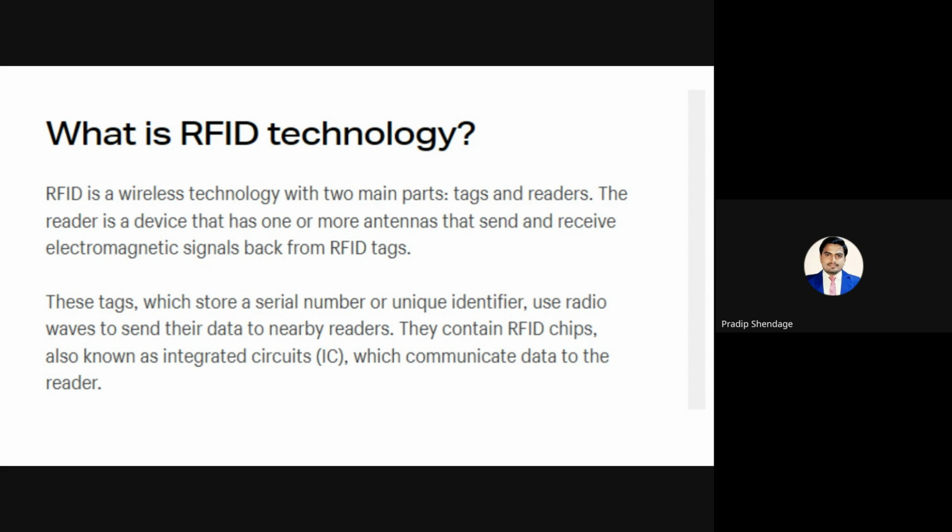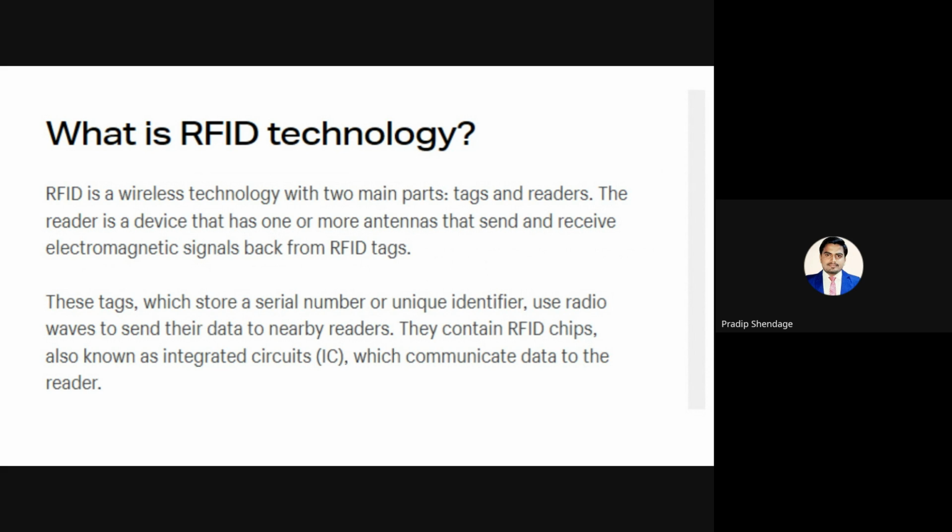It is basically a device that has one or more antennas that can send and receive electromagnetic signals back from the RFID tags. Suppose every tag consists of some metadata about that particular object, and if the objects come in a particular range, then the RFID reader will read their whole details with the help of tags.